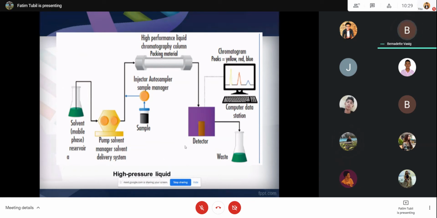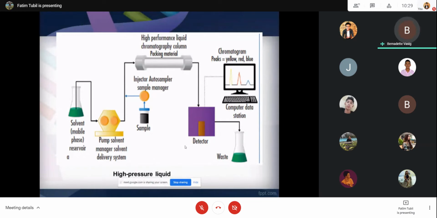By the way, guys, the HPLC is available at the chemistry department of NORSO. So if you want to do a thesis in the future in which you need to use HPLC, it's actually available at the chemistry department.